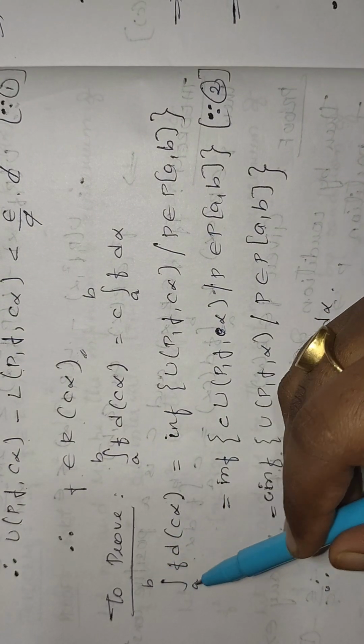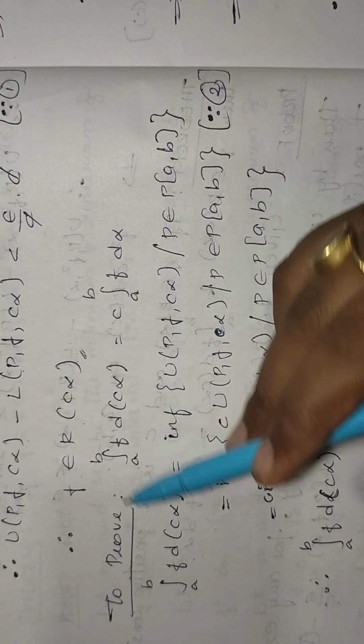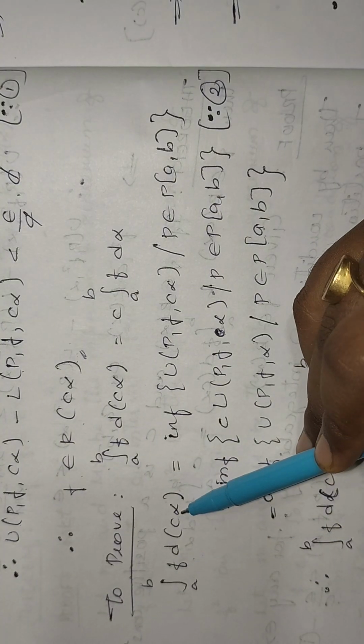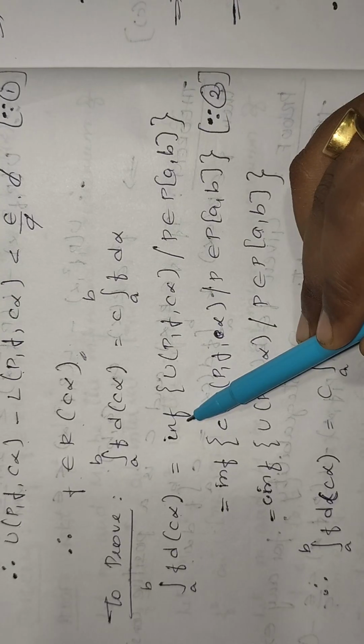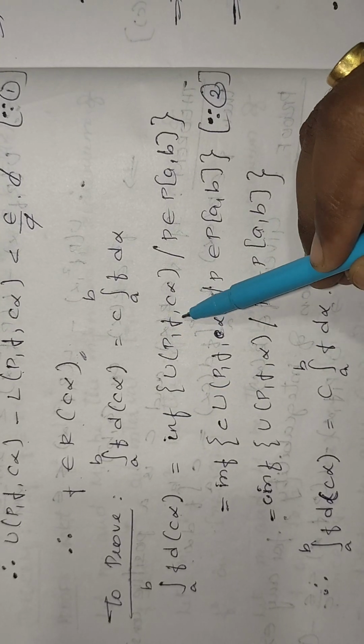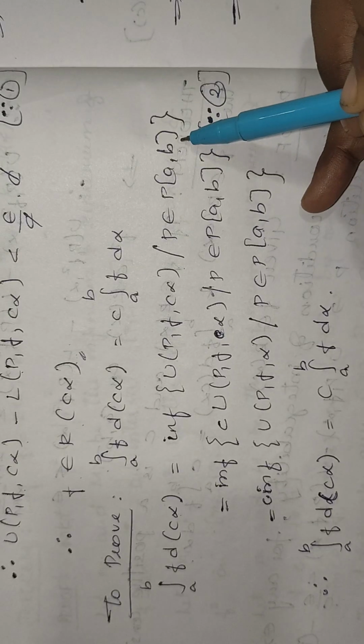So the integral from a to b of f d(c alpha) is equal to the upper Riemann integral of f with respect to c alpha. According to the definition of upper Riemann integral, that is equal to the infimum of U(P, f, c alpha), where P is any partition of the closed interval [a, b].